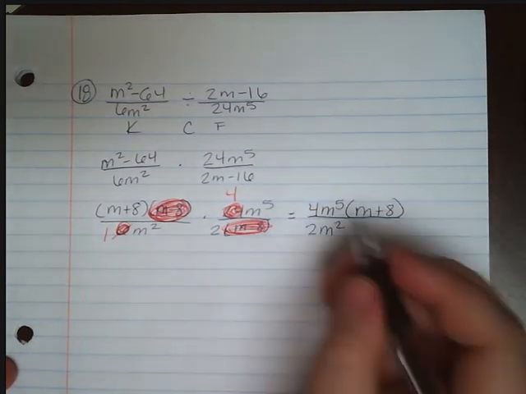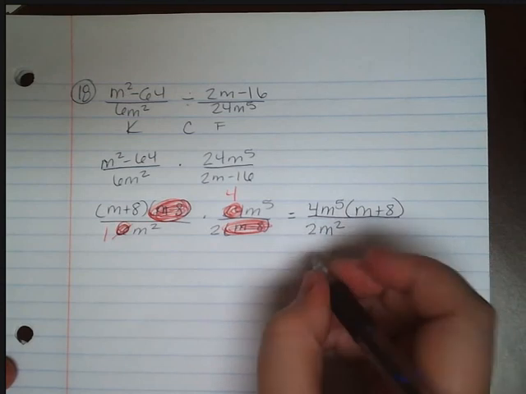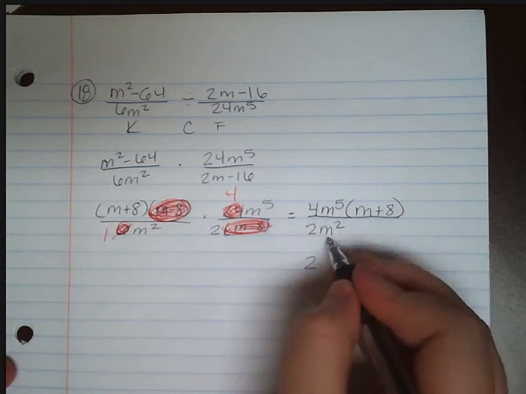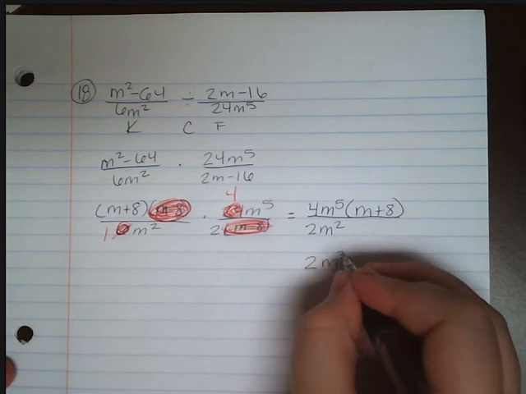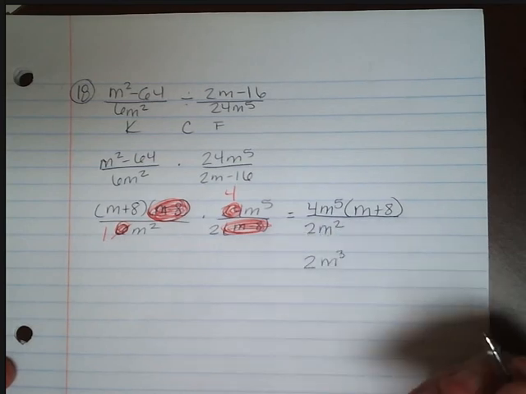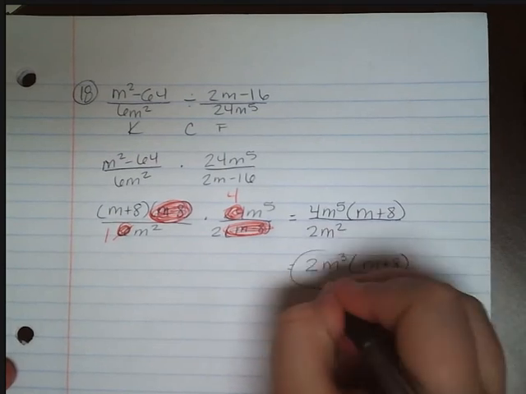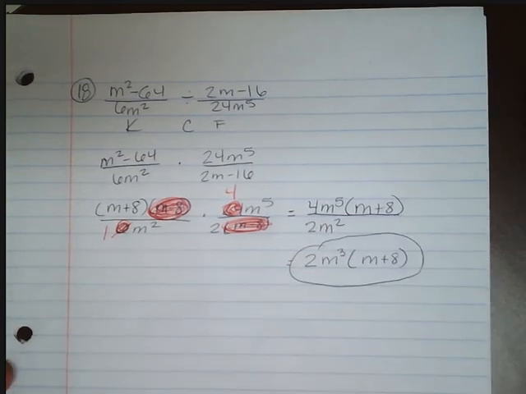Well, that 4 and 2 is going to simplify to be a 2. That m to the fifth divided by m squared is an m to the third, so there's nothing in that denominator now, and then we're left with m plus 8. We do not want to leave it over 1. If you're ever left with just a 1 in that denominator, then just don't even bother writing it.